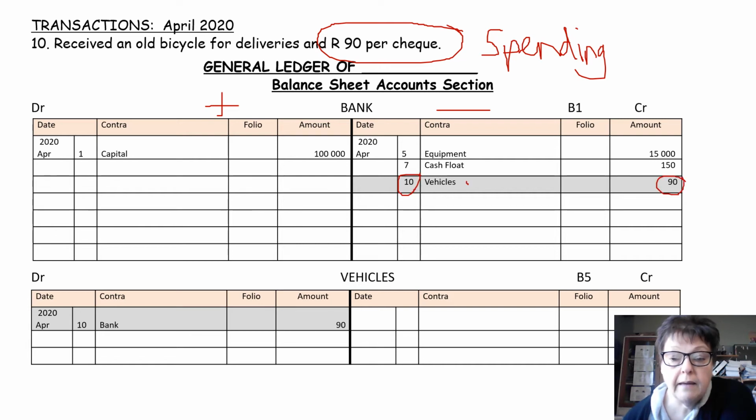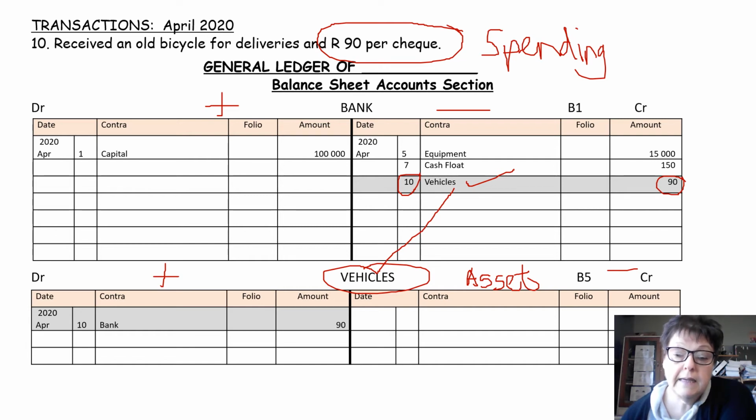What are we buying? The vehicle. That means the other account concerned will be vehicles. If we spend money on vehicles, vehicles being an asset, remember, that is why you need to know all of this, all the theory. Asset increases on the debit side, decreases on the credit side.